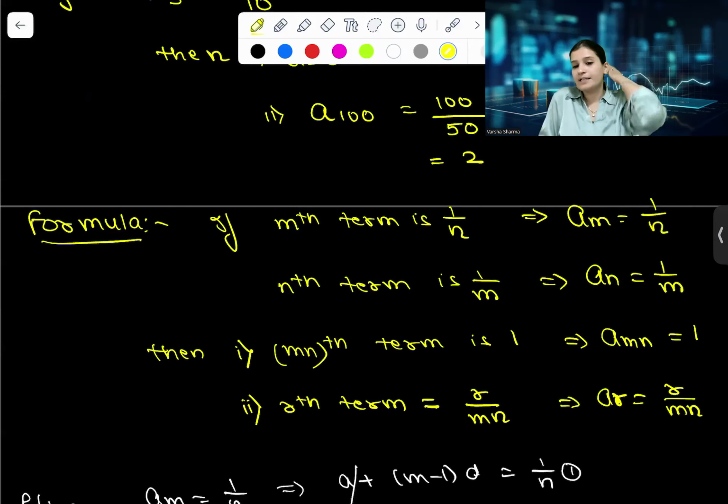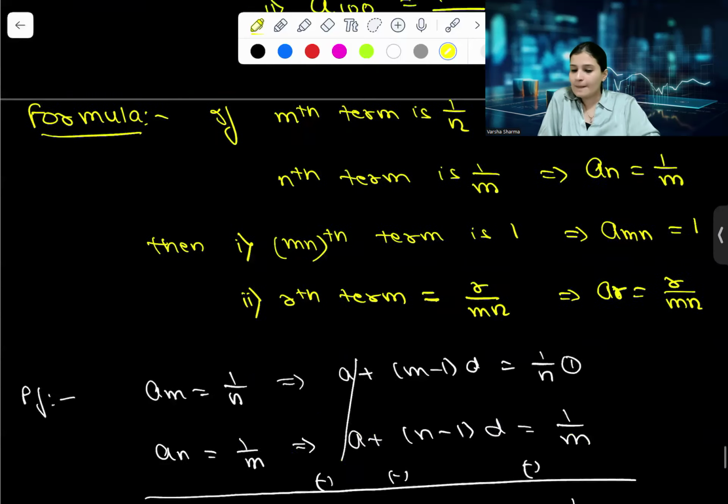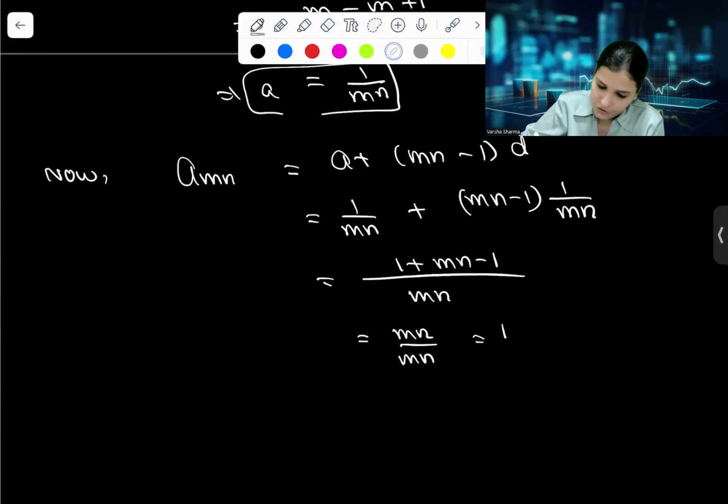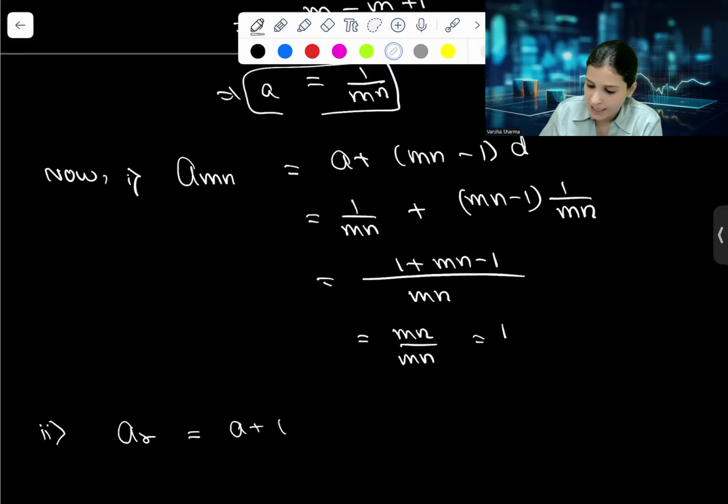We have already got A and D. Instead of the mnth term, put it in the rth term. It doesn't matter. Right? So the rth term, that is A_r, is A plus (r minus 1)D.